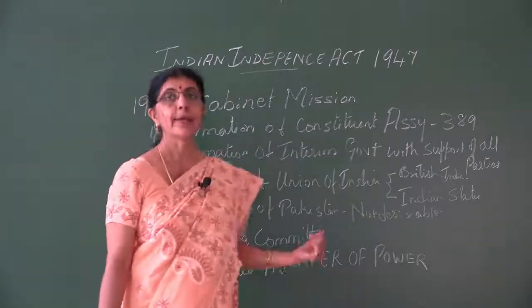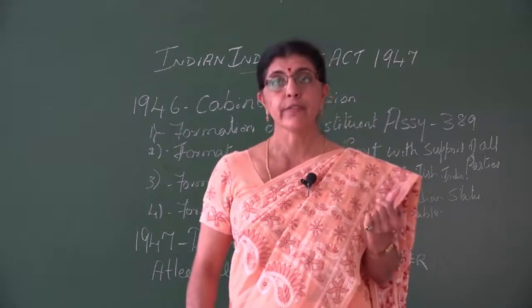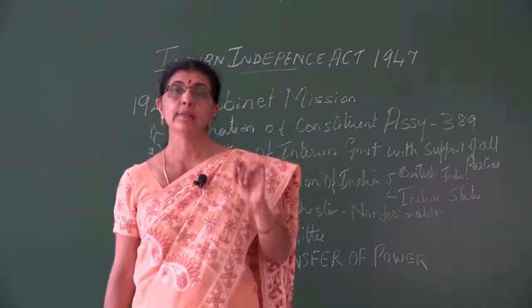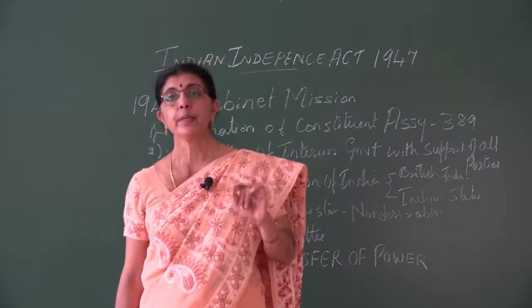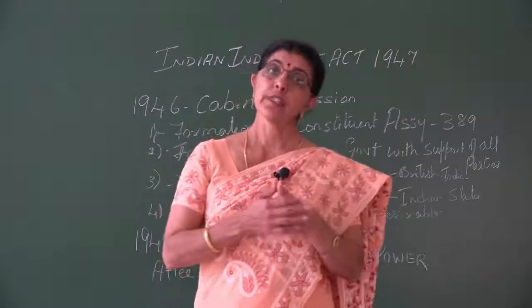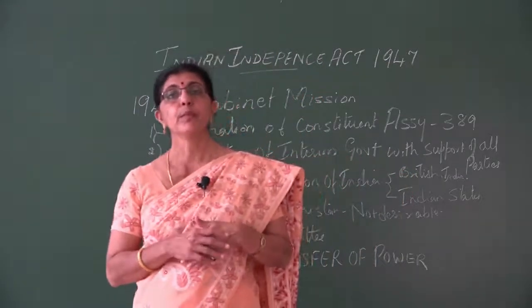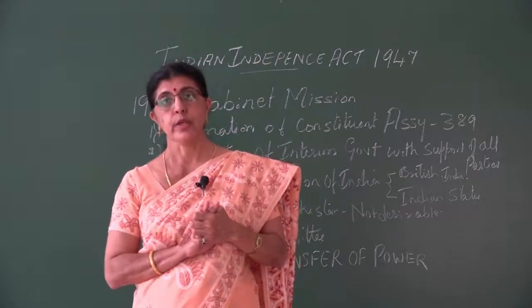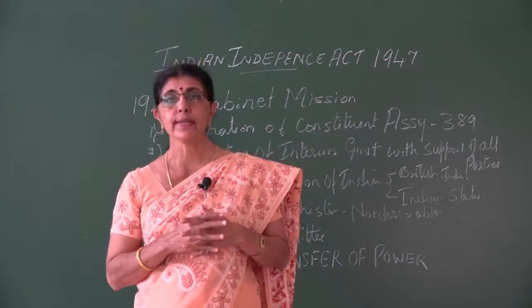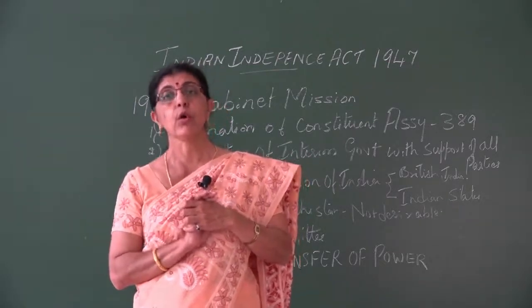And then they also set up a drafting committee in the year 1947 itself, by the Constituent Assembly, and this drafting committee will be headed by Dr. Ambedkar as its chairman. The Indian National Congress accepted this proposal, but the Muslim League rejected this proposal. And from the next day itself, there were so many communal riots and so much chaos in the whole nation.